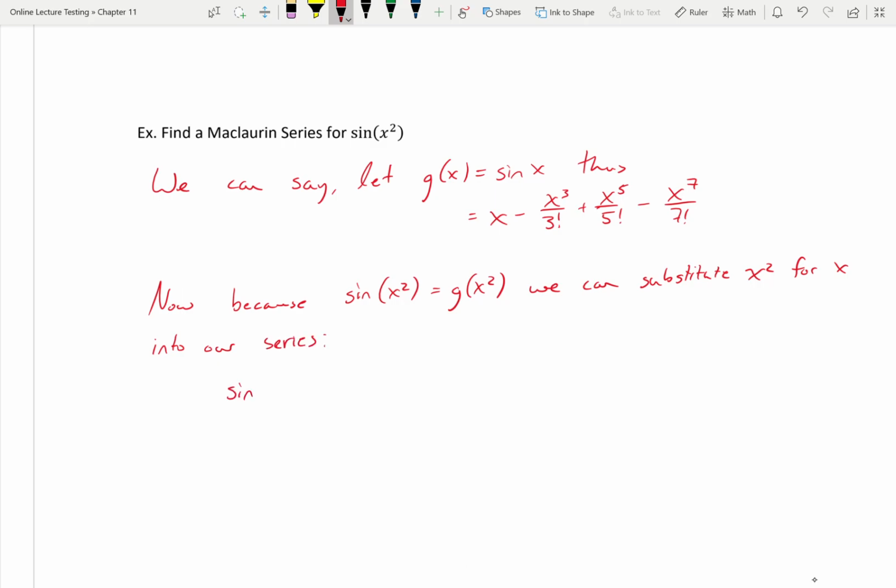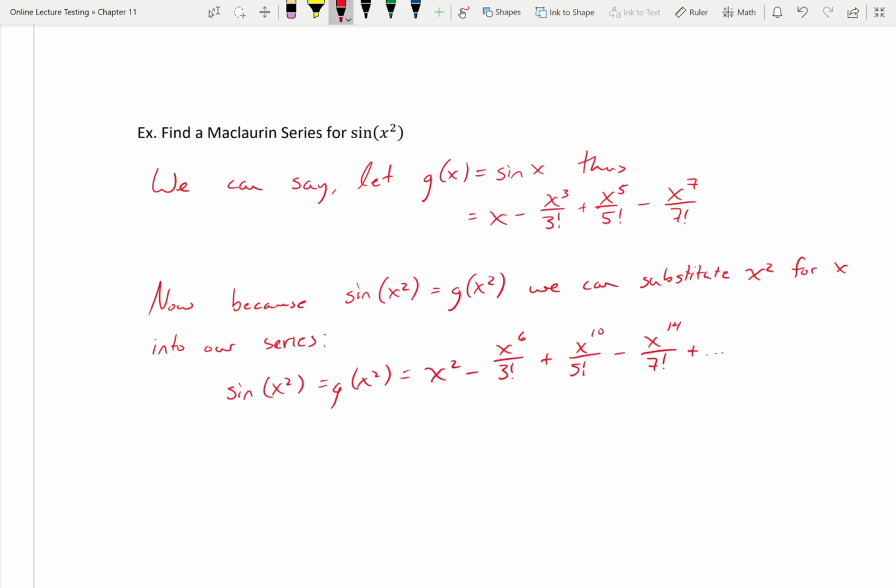So sine of x squared is equal to g of x squared, which is equal to, well, for every x I see, I'm going to replace it with x squared. So I'm going to get x squared minus x squared to the 3rd power, which is x to the 6th divided by 3 factorial, plus x squared to the 5th, which is x to the 10th over 5 factorial, minus x to the 14th over 7 factorial, plus so on.